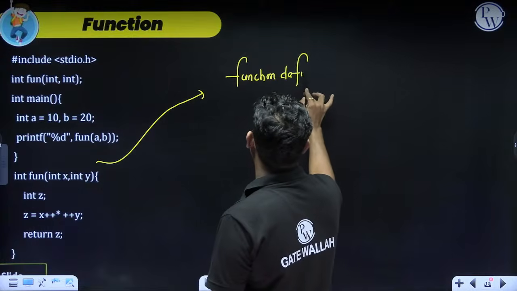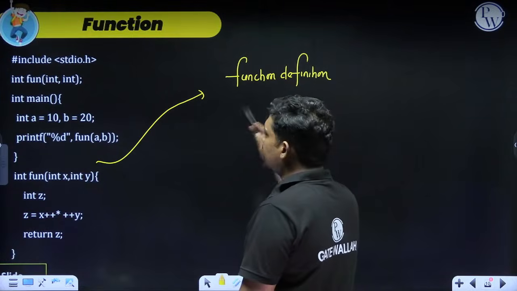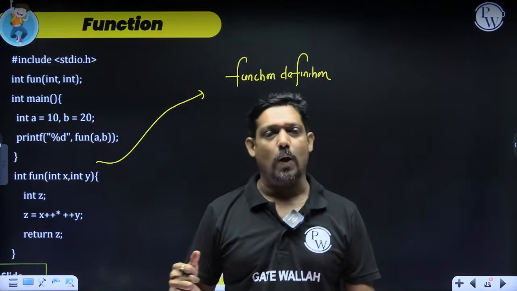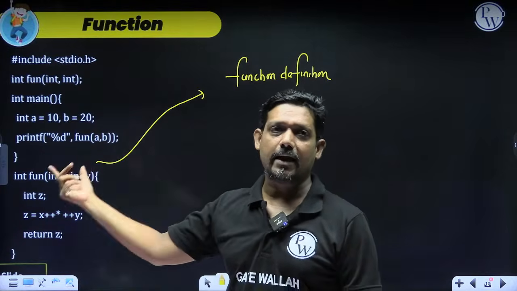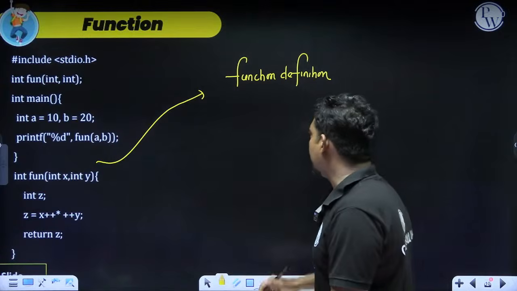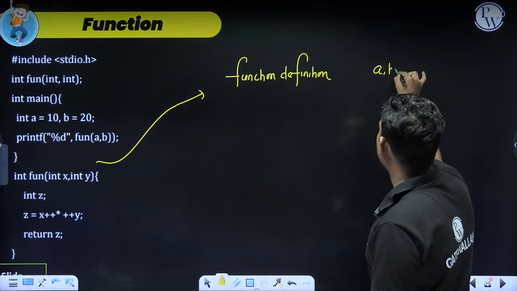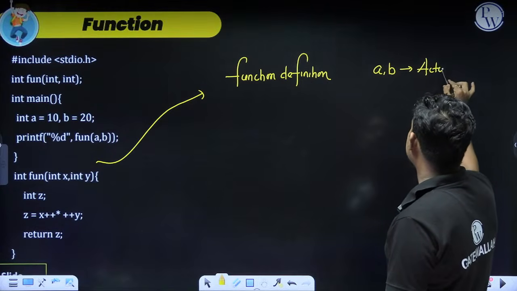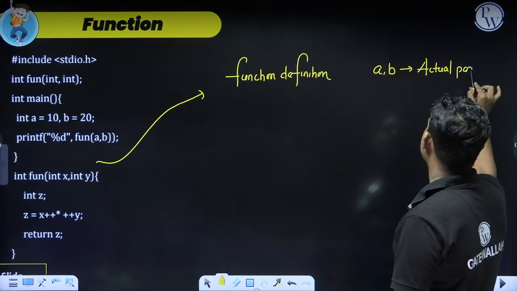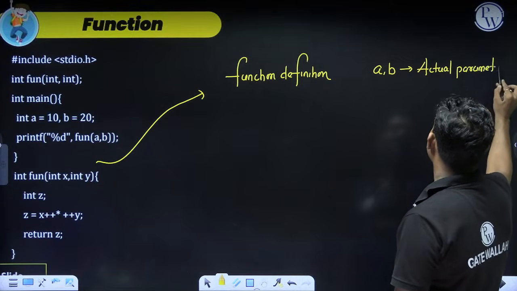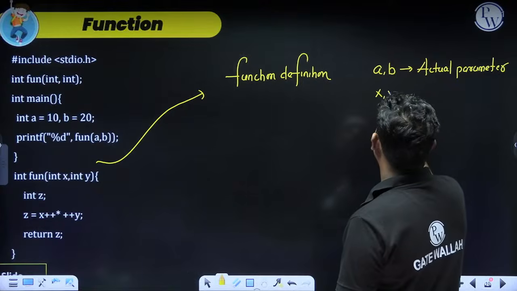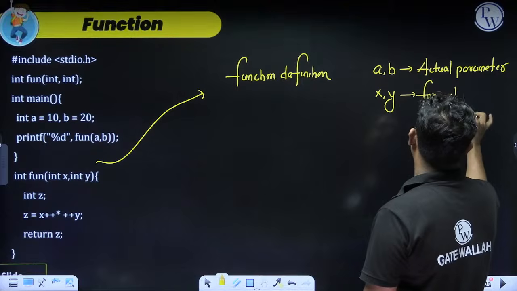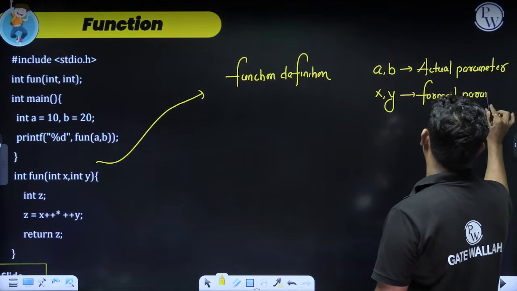So control will transfer. Now you see there are two copies: a and b, and x and y. a and b are called the actual parameters. Any other name, if you know, let me know. And x and y are called the formal parameters.